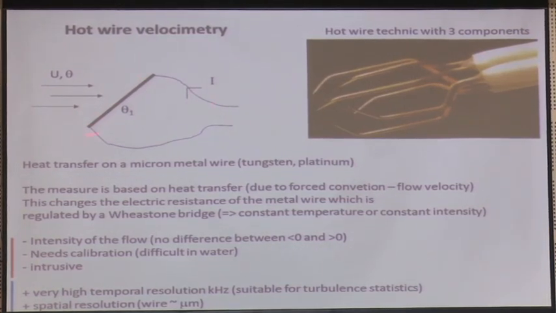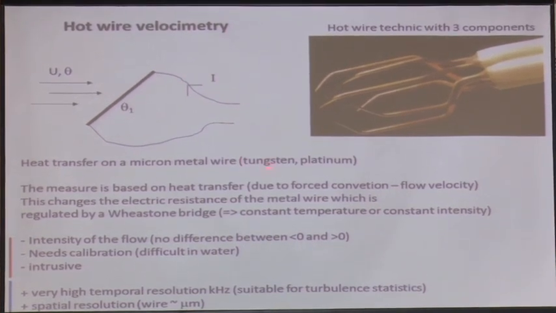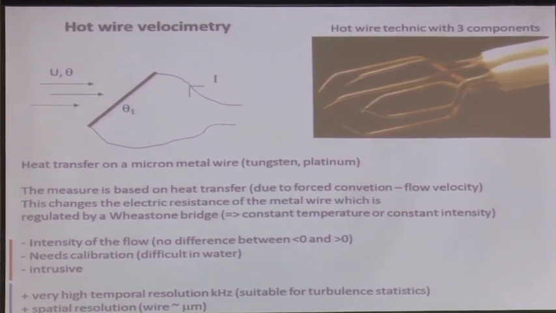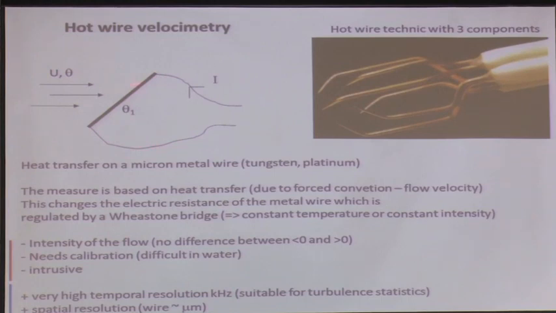You take a wire of metal. It could be tungsten, platinum, a wire of metal, and then you are going to use this wire with an electric current, and this electric current is going to dissipate energy.